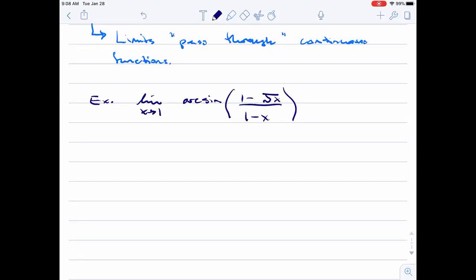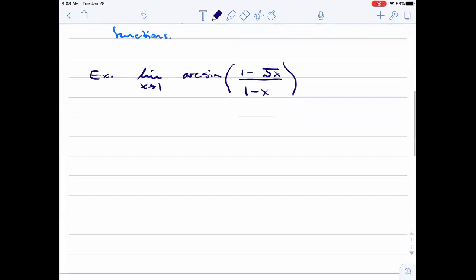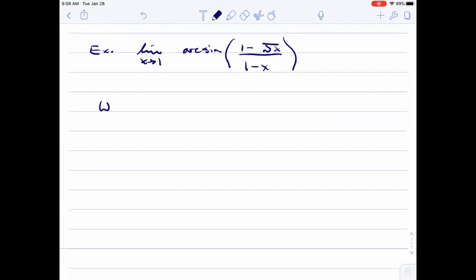Knowing that arc sine is continuous at this point, and we're interested as x approaches 1, we know this limit is going to exist. Arc sine is continuous on the interval -1 to 1.